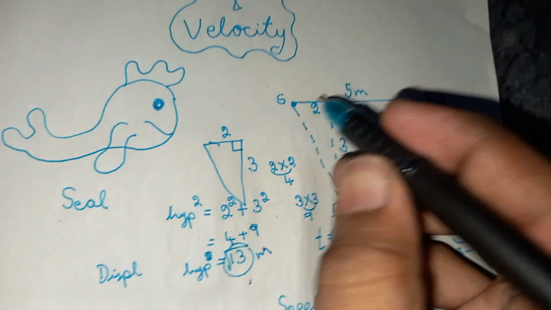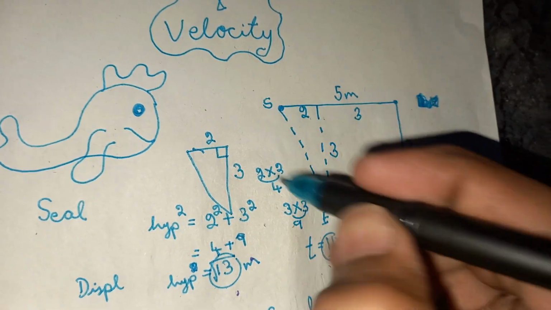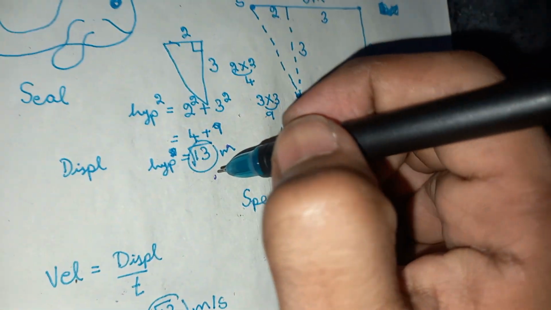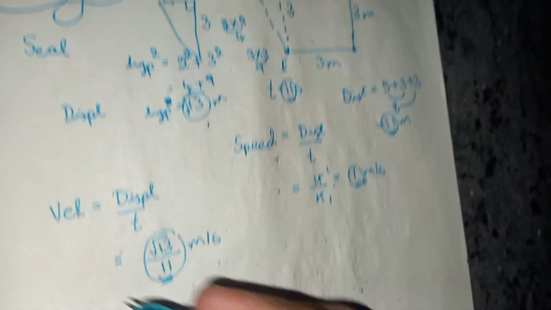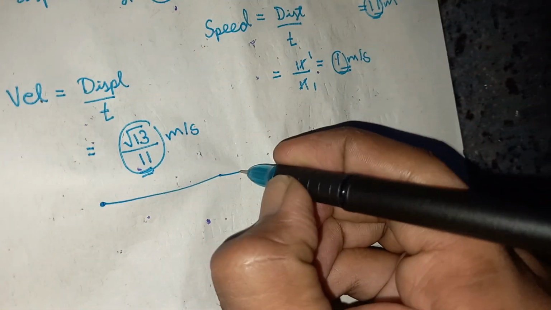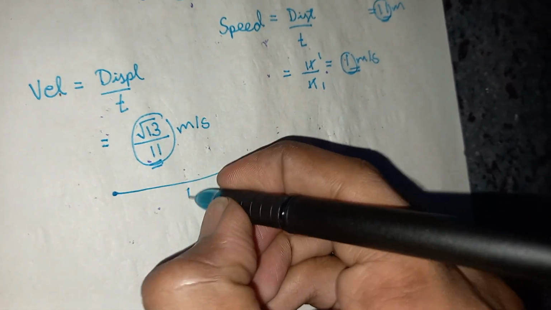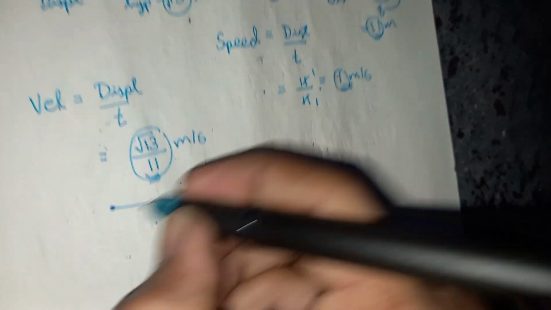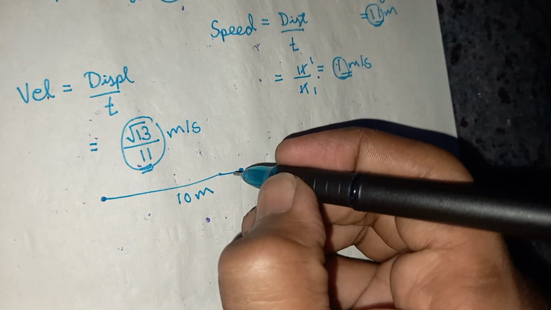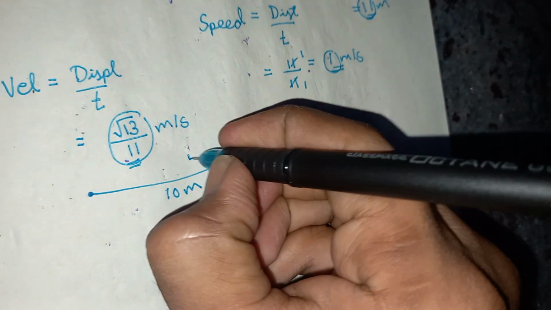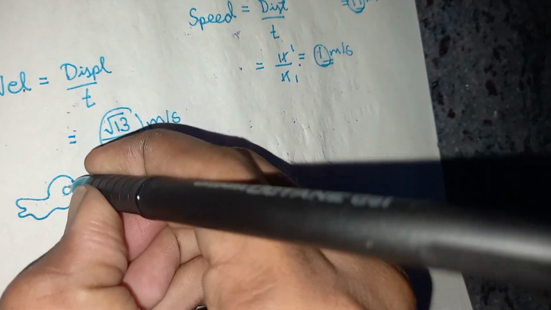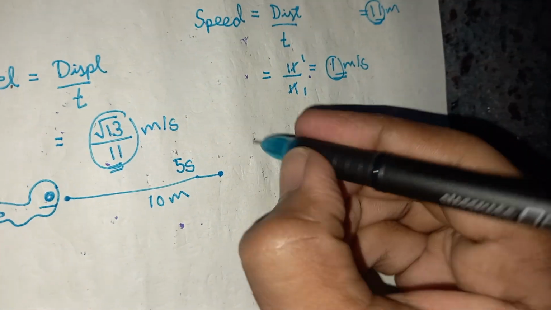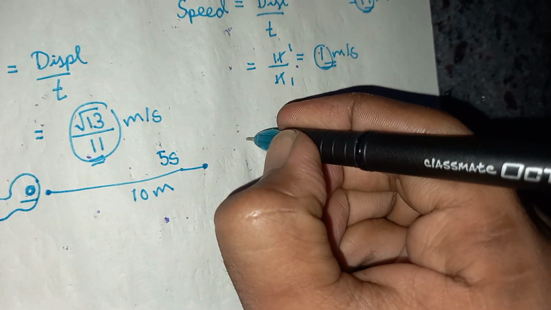Velocity will always be less than or equal to the speed. The maximum velocity, it can become equal to speed, when the path is a straight line. In this straight line it traveled 10 meters, so there is no difference between distance and displacement, even in 5 seconds. Now this seal actually covered a straight line. You can calculate the distance here.